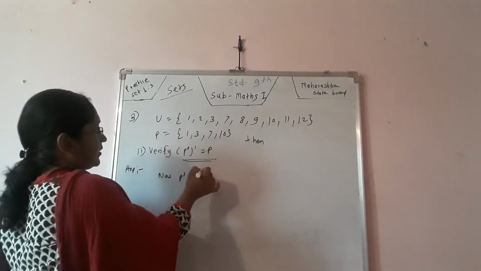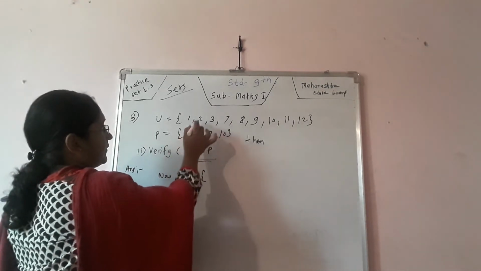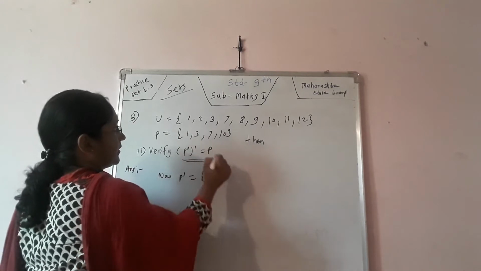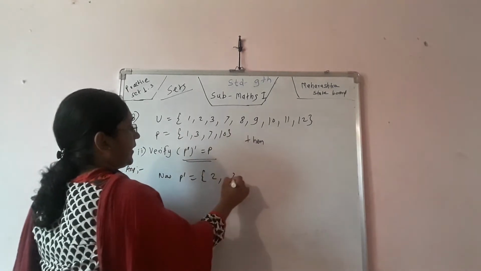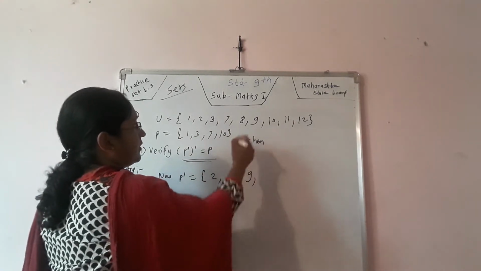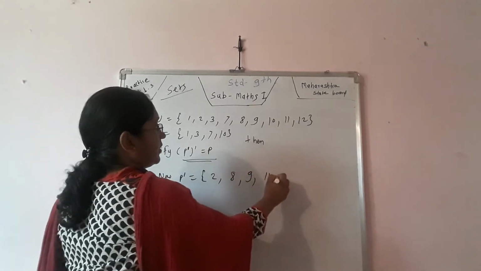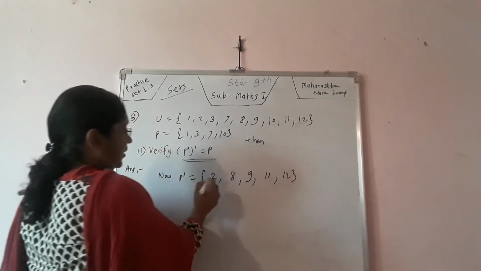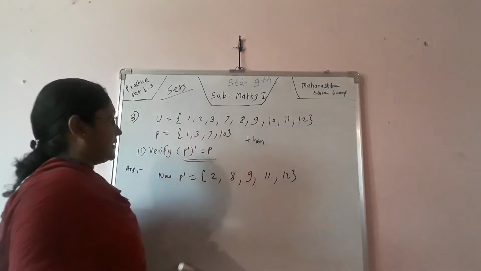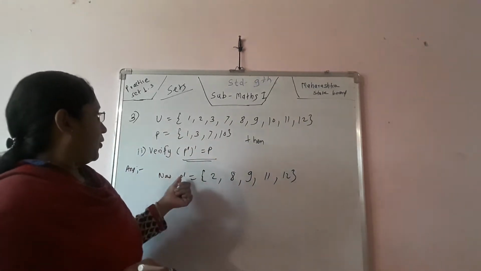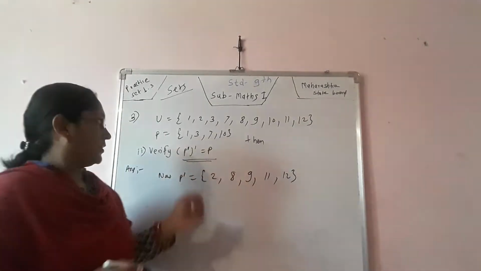So 1 is here, do not take 1, then 2, take; 3 is here, do not take; 7 is here also, do not take; 8, 9 take; 10 is also here, do not take; 11, 12 take. So 2, 8, 9, 11, 12. This is the complement of P, that is P dash.